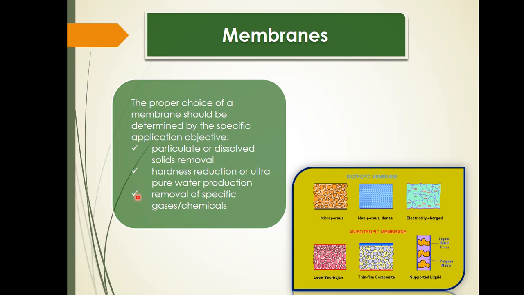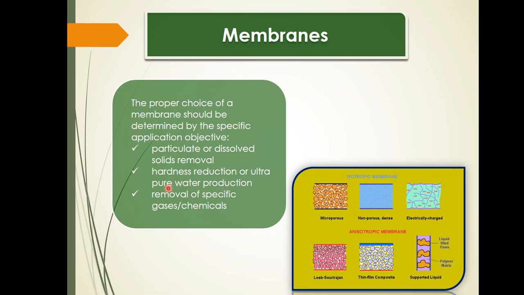They are not really the only classifications that are used. So membranes can be classified based on the particulate or dissolved solid removal that they can achieve. So one membrane may be more efficient than another, so you can classify them based on their ability to separate in terms of particle size or dissolved solids.